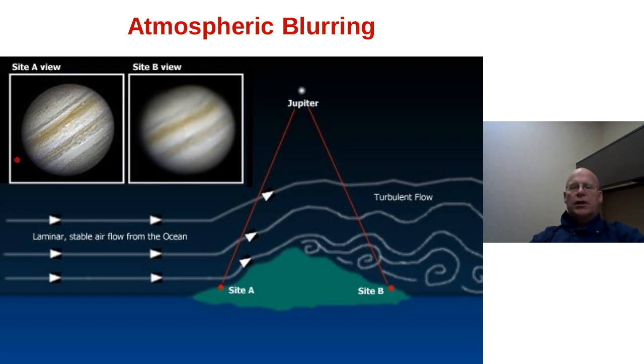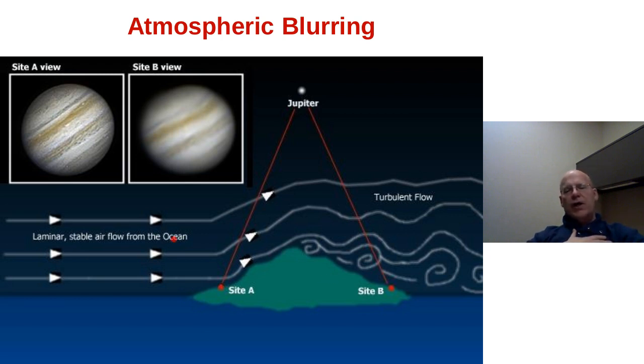Here's a picture of Jupiter during a windy night versus a nice calm night, or a windy side of the mountain with a lot of turbulence versus the flat side of the mountain. These images were taken in Hawaii on different sides of a mountaintop.